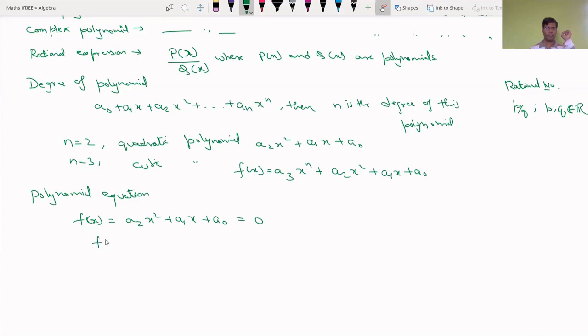So whenever we have f of x equal to 0, where f of x is a polynomial, then f of x equal to 0 is an equation. If we have only f of x, we call it an expression. But when it is equal to 0 or some constant value, we call it an equation.